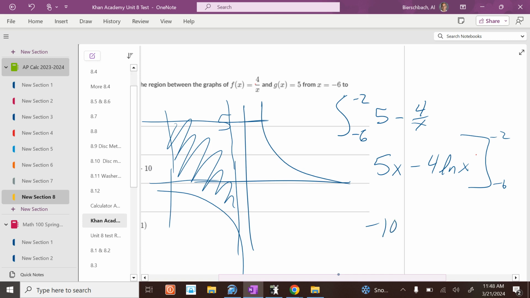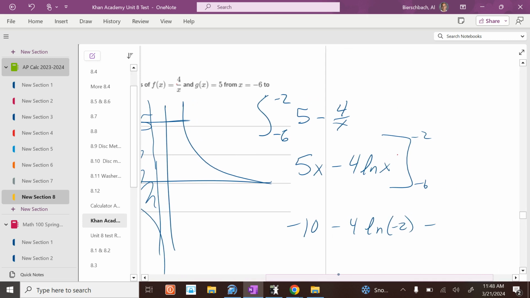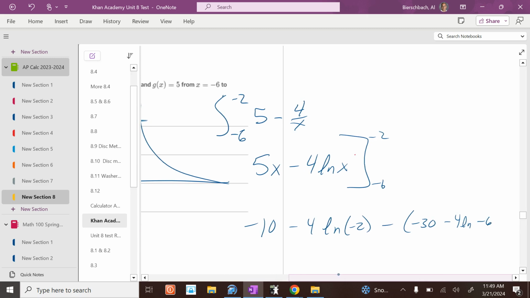So it's -10 minus 4 ln of -2 minus a -30 minus 4 ln of -6.